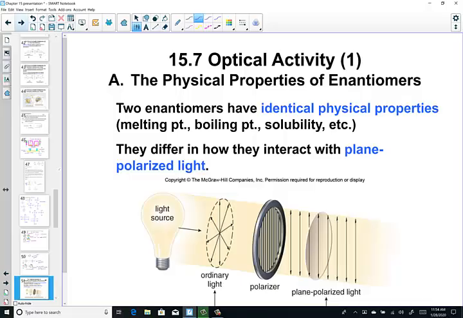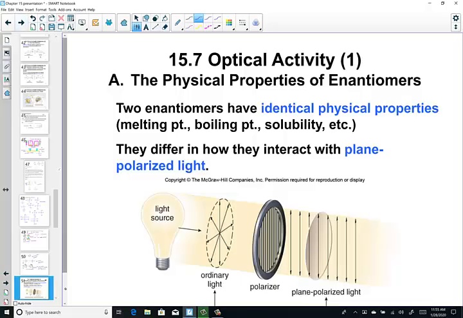The way that they interact with polarized light creates a rotation of clockwise or counterclockwise spin. So 2 enantiomers have identical physical properties. They'll include things such as melting points, boiling points, densities, solubilities, gaseous state at room temperature. 2 enantiomers differ in how they interact with plane polarized light.